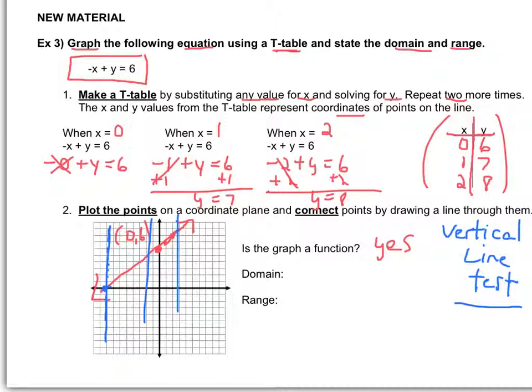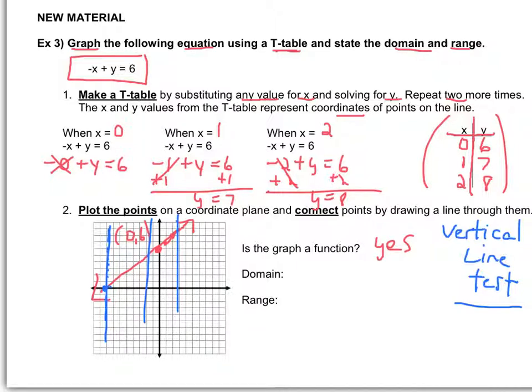All right, now let's look at the domain. The domain is your x values, and you can see here that your line goes on and on forever to the left, and it goes on and on forever to the right. So your domain is going to be basically all real numbers.